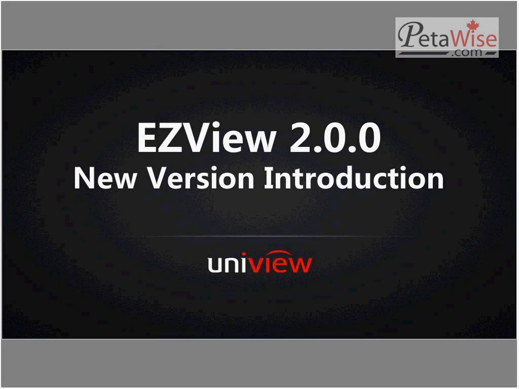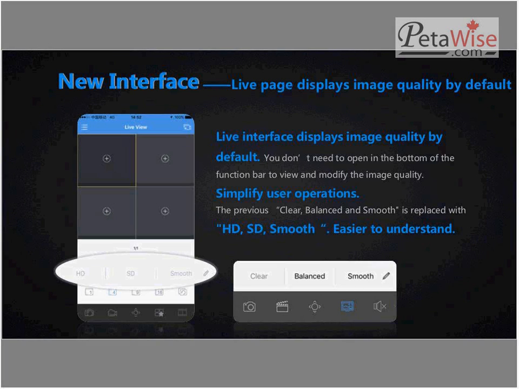You can see that the interface has been changed somewhat. In our live view, when we're looking at the camera display, if you recall, to change the quality of the stream coming to the phone from the cameras, you would have to press a certain button to bring up the clear, balanced, smooth swap.